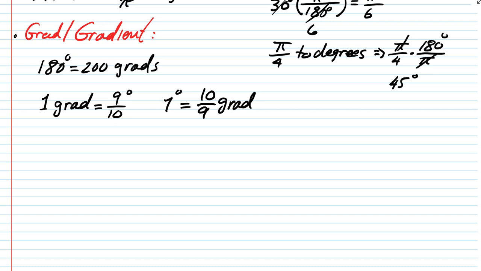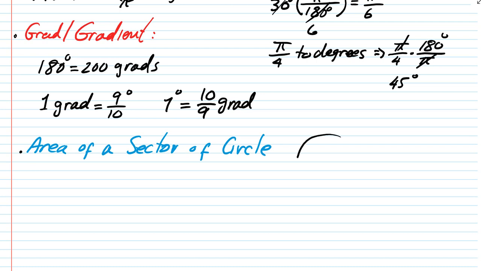Okay, and let's finish this work with the area of a sector of a circle. A sector is a portion, right? So suppose I have a circle like that, and I have this sector. Remember, the arc length was S. We already talked about it.